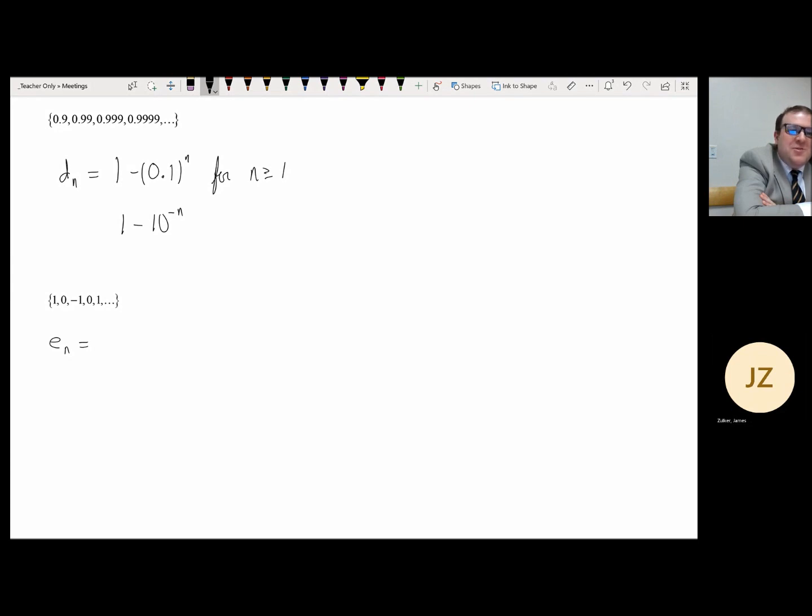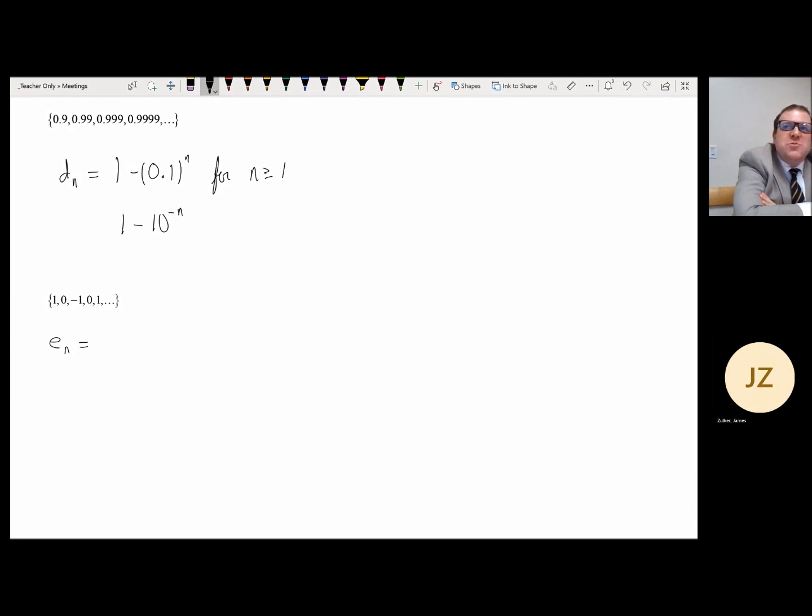There's a huge clue. All of the terms are between -1 and +1. What function will always give you a value between plus and -1? Specifically, there's only two of them: sine and cosine.